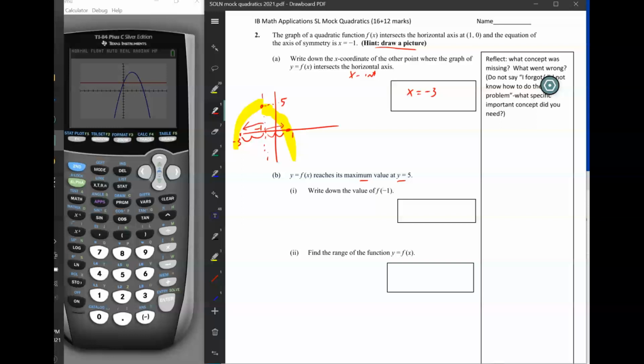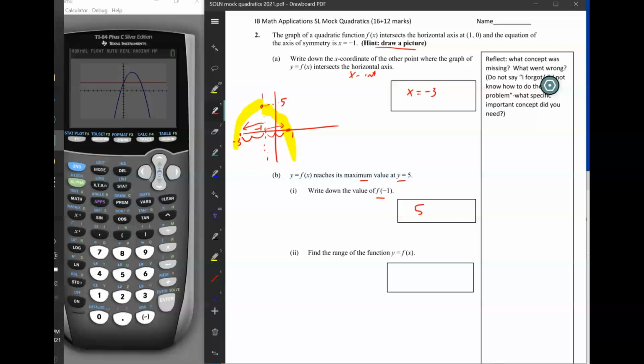Okay, so from our drawing, we can see immediately that f of -1 would be equal to 5, right? Because the height of the quadratic is 5 at x equals -1, because x equals -1 is the axis of symmetry, which means the axis of symmetry contains the vertex, and the vertex is at y equals 5.